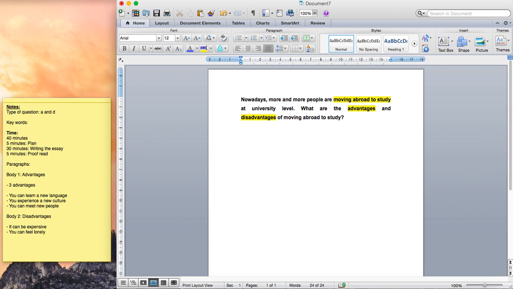Now in the introduction, your first sentence, all you want to do is just rephrase the statement. So you can see the highlighted statement here. You want to write that in your own words.